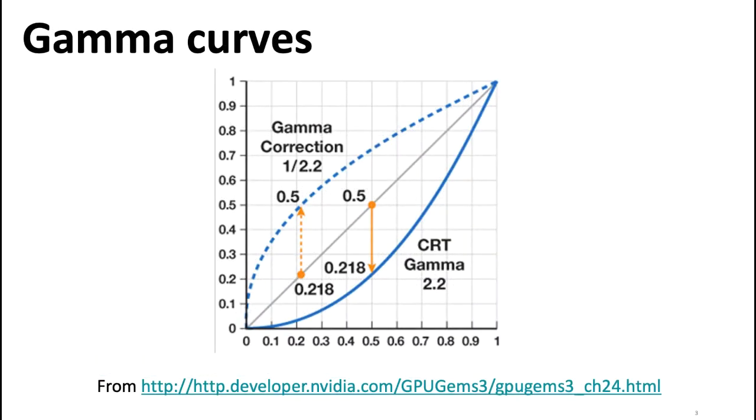As a historical thing, if you think back to your old big cathode ray tube display monitors and televisions, the way that those display light isn't in a linear fashion in terms of the numbers that go in. You could think of them as voltages if it was old school, or just 8-bit values, whatever they may be. So the light that comes out at these lower values is actually less than you would expect.